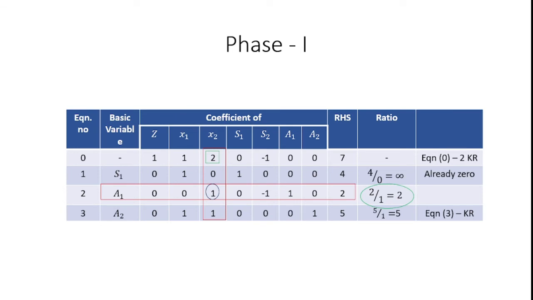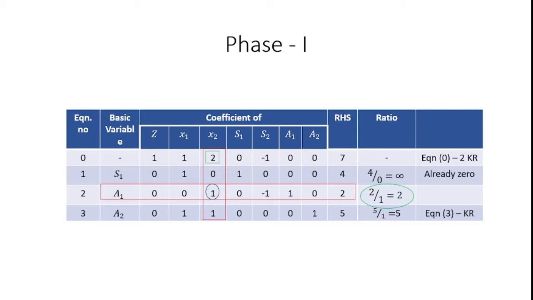Next, as usual in the simplex method, we find the key column and the key row. I already explained this, so you are now aware of how we identify them. First, we identify the key column from the first row, equation 0. We look for the maximum positive value in the objective function equation 0.